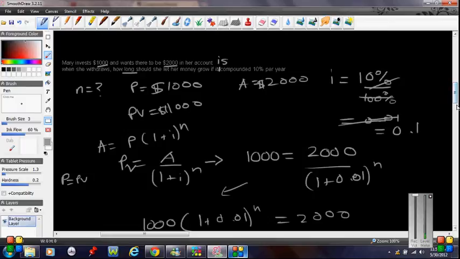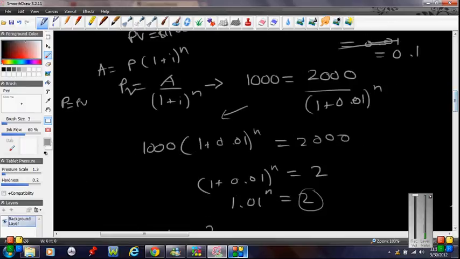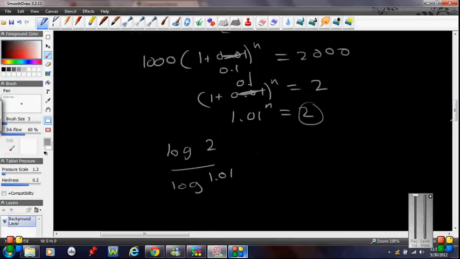it is 0.1. So in all our calculations, what we should have had was 0.1, and essentially our last value should have been 1.1. Let's cross this out. It should have been 1.1 to the power of n is equal to 2.